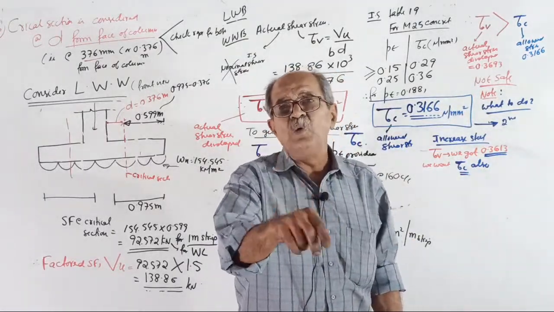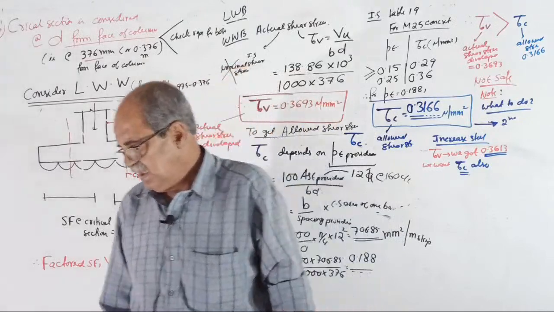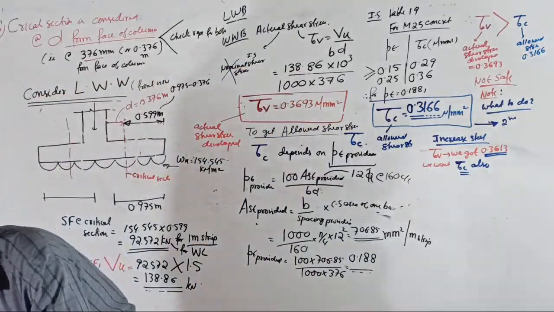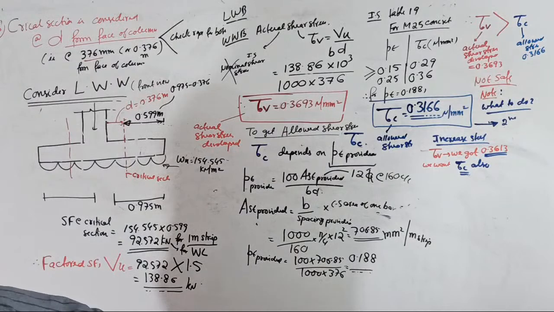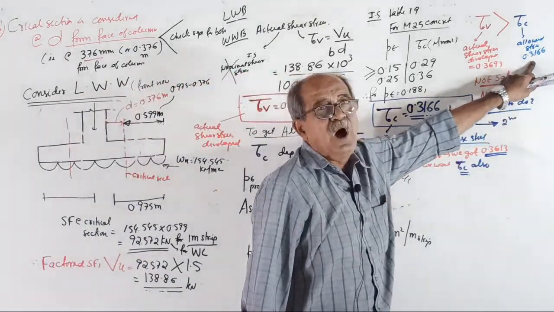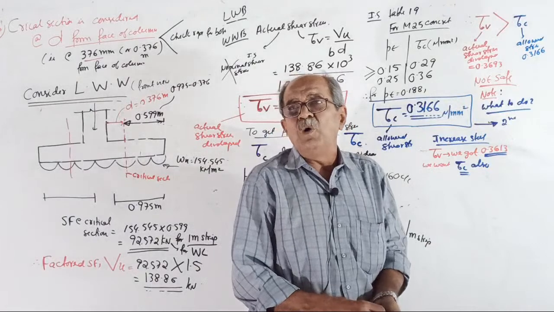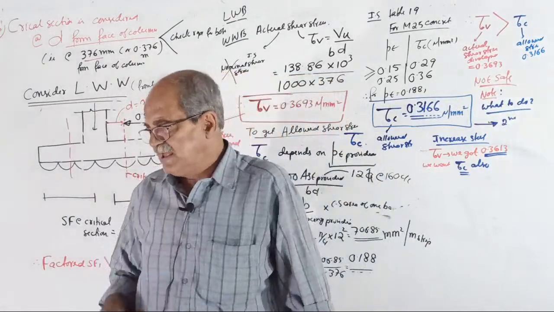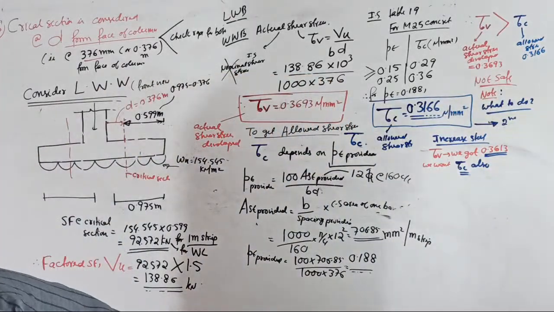For safety, shear test came 0.3613. Earlier your allowed was 0.3166. Now we want allowed value how much? We want tau C also how much?